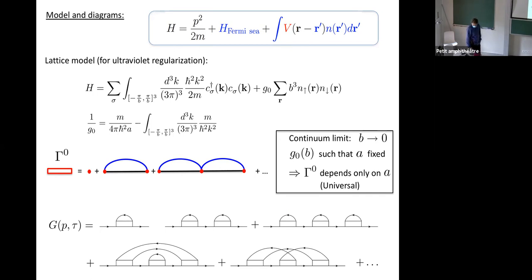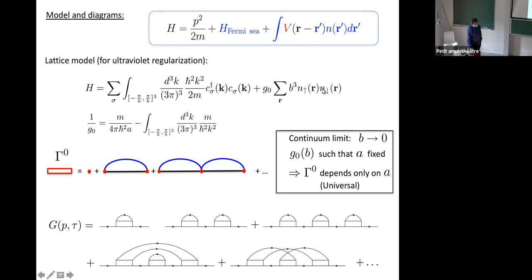And to model this, one can do this in various ways, but the way we typically do it is to start from a lattice model, and we introduce a lattice model for avoiding ultraviolet divergences. And it's basically a Hubbard type of model where the first term is just the kinetic energy of the spin up and spin down.